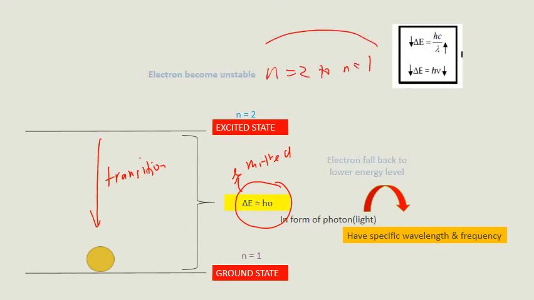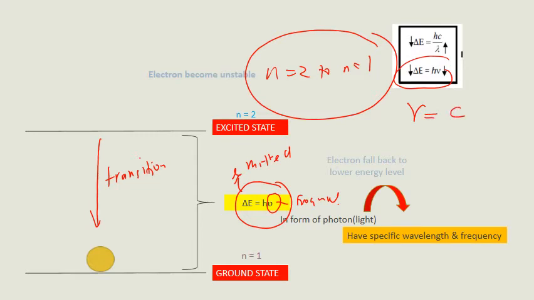So you nak calculate the energy transition from this energy level, kena guna formula ini, which is Planck constant darab dengan frequency. Okay, so delta E equal to hv. Kita tahu formula frequency adalah frequency equal to speed of light over wavelength.